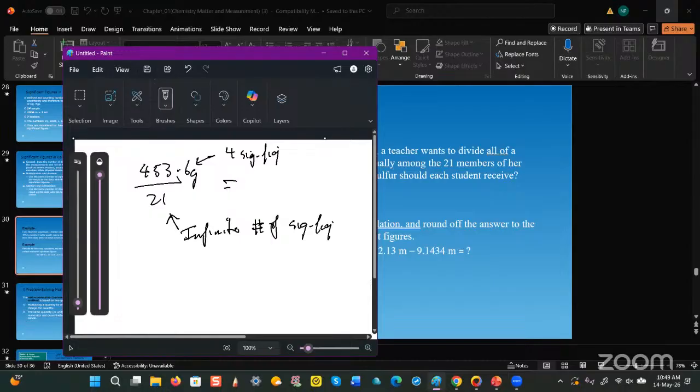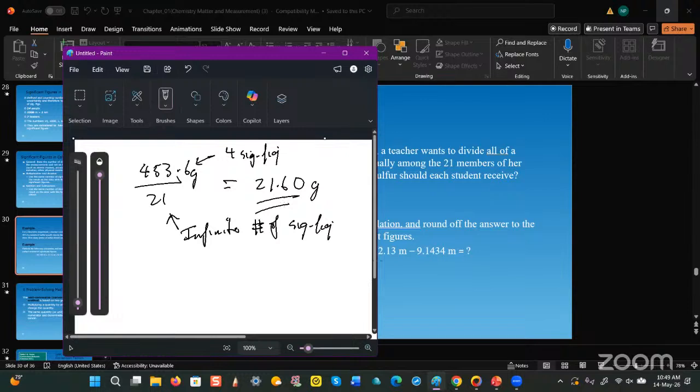So it's 453.6 divided by 21. And according to my calculation, it's going to be 21.6 that I get on my display. But this is 3 sig figs. You need to express this as 4 sig figs. So what do we do? We add a 0, right? And that would be grams for each student. All right, and that's it, right?